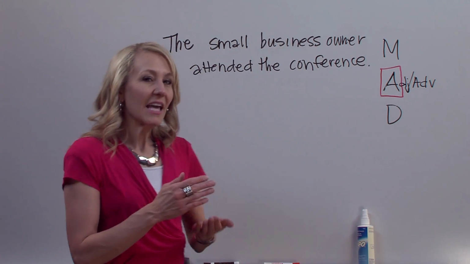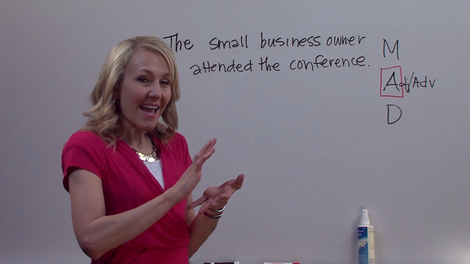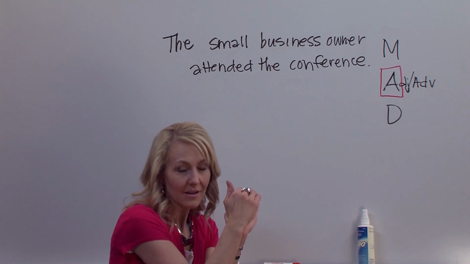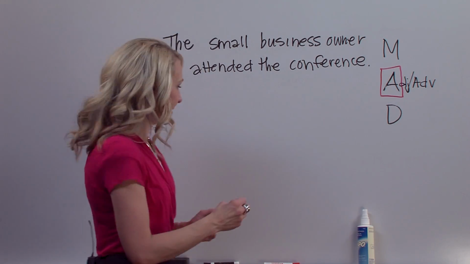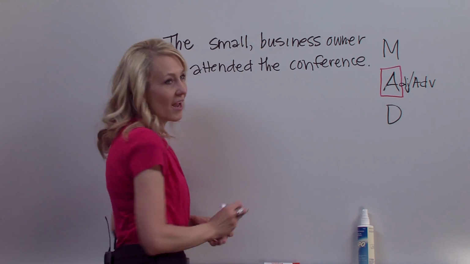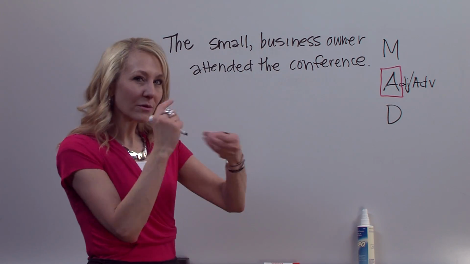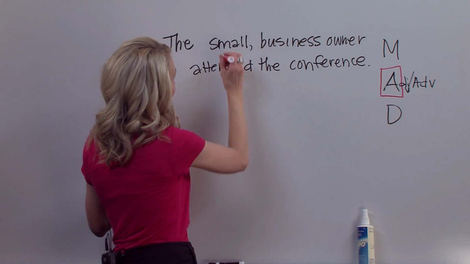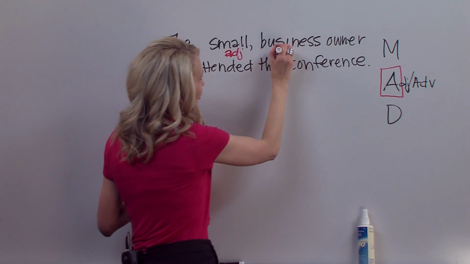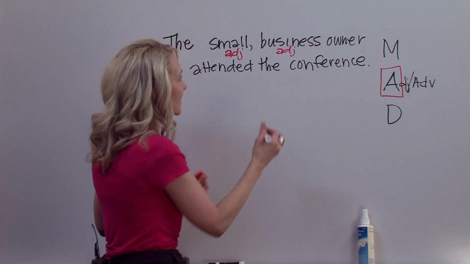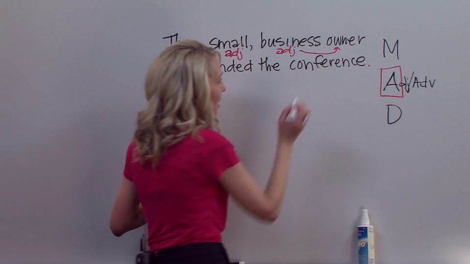Now, in fact, if I were trying to say that I had a little business owner who was attending the conference, I would need to put in a comma right here. If I were to put in a comma, that would tell me that I'm dealing with 2 adjectives, and that those adjectives are both, in fact, modifying this noun.